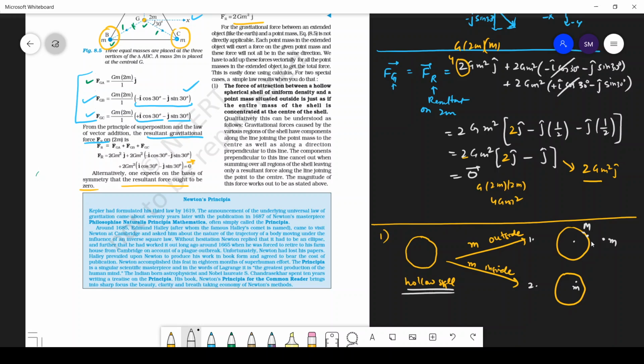So if it is m outside, see, how do we calculate these kind of things in physics? What do we do? See, look, this mass m, this capital M, this hollow spherical shell.